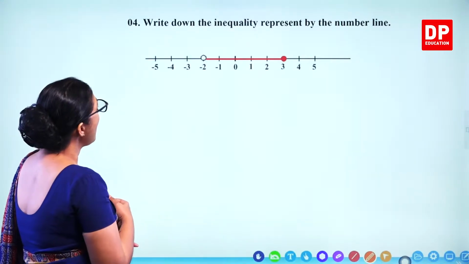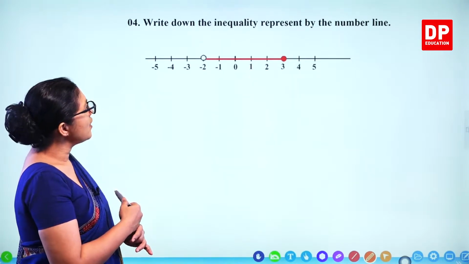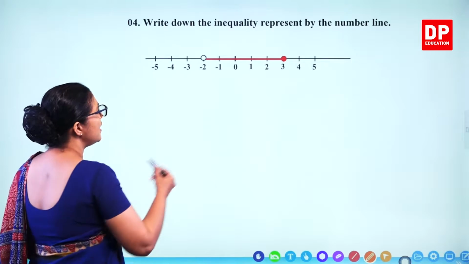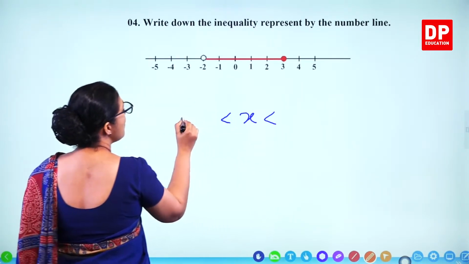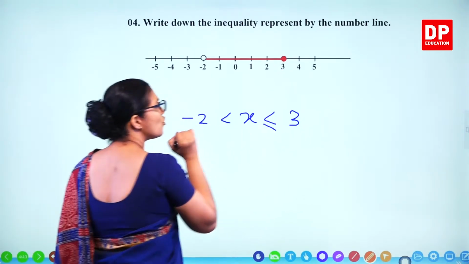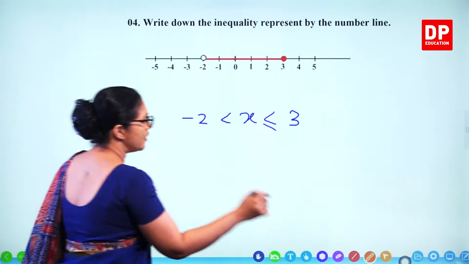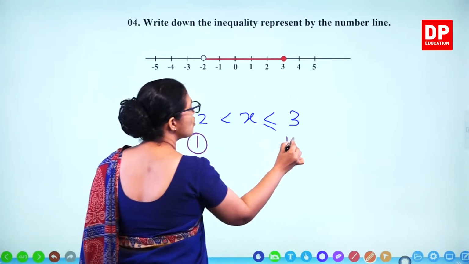Question number 4. Write down the inequality represented by the number line. -2 is not included, open circle, and 3 is a solid circle. So you can write x is in between -2 and 3, but 3 is included, so you put the equal sign there. So you get 2 marks, 1 mark for each part.